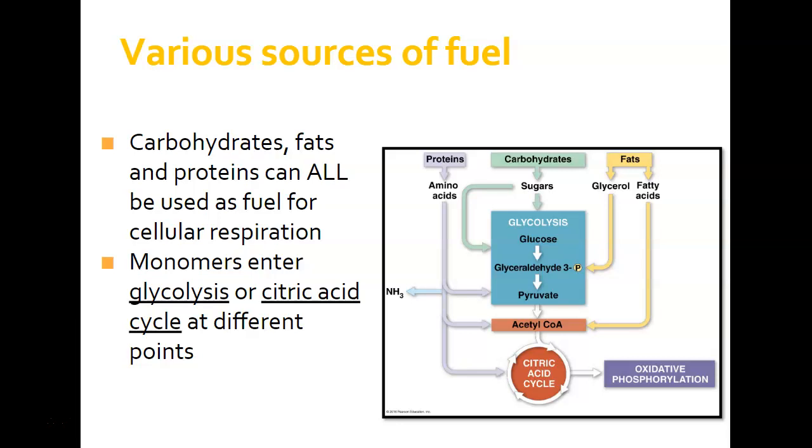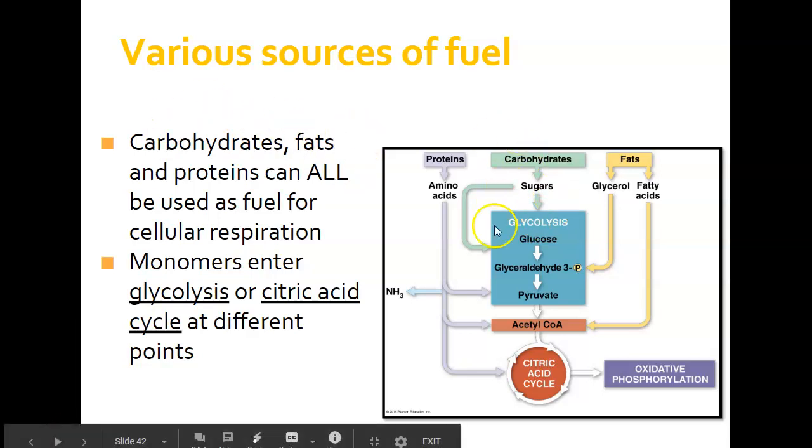Various sources of fuel. So where do we get the food that we need to break down in order to generate energy? So we've talked mainly about glucose, right? Glucose is a carbohydrate. It is a monosaccharide sugar carbohydrate, bringing in all of those vocabulary words, and then it goes through this process. But fats and proteins can all be used as fuel for cellular respiration. So monomers enter either glycolysis or the citric acid cycle at different points.